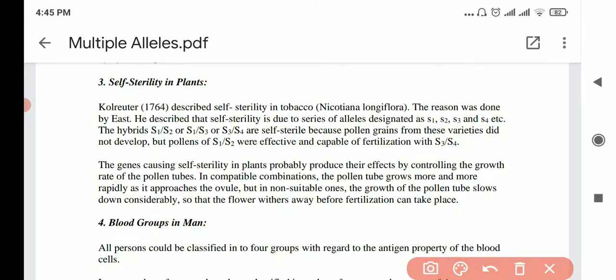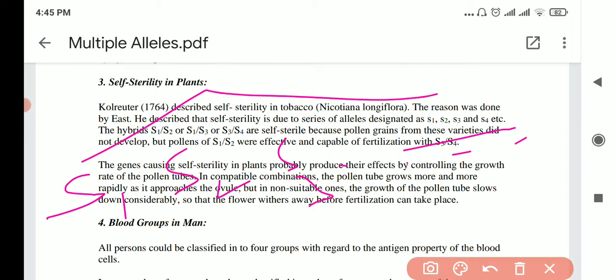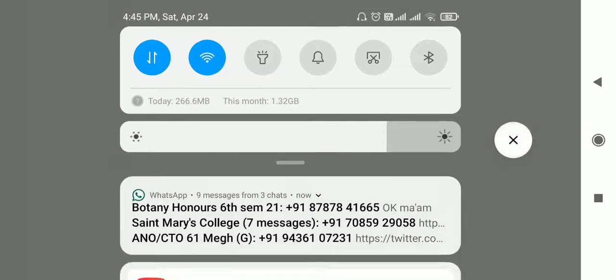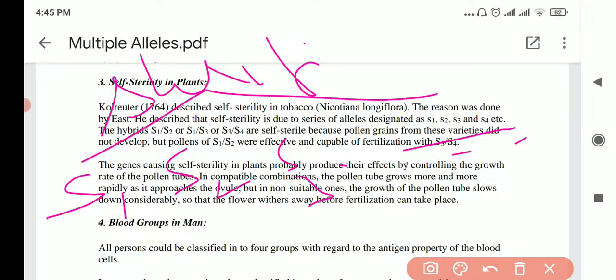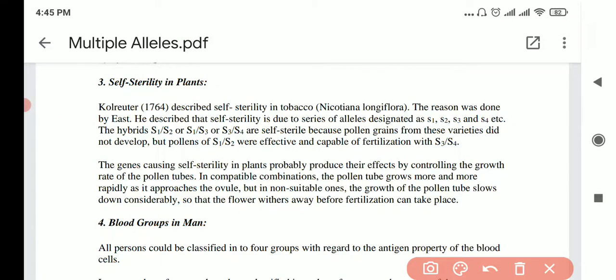Let me repeat again. There are some alleles, S1, S2, S3, and so on and so forth, that are the genes that code for sterility in plants. So that part is clear.